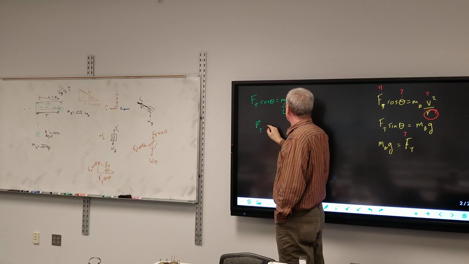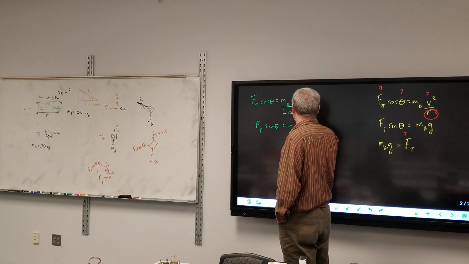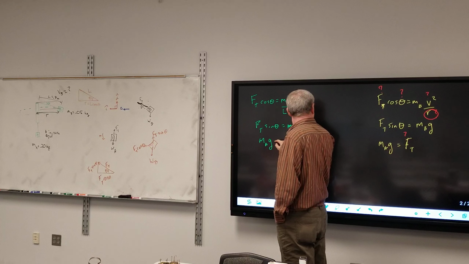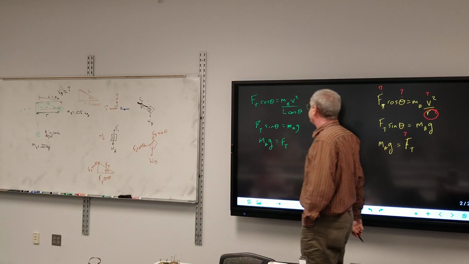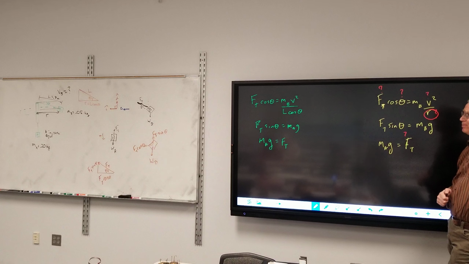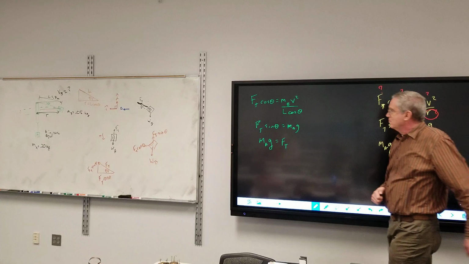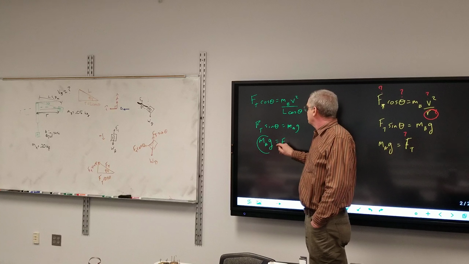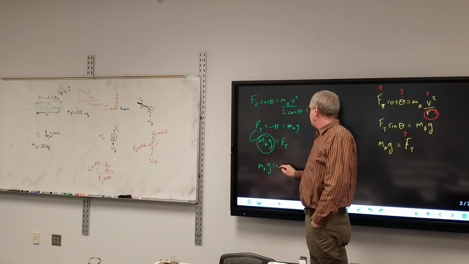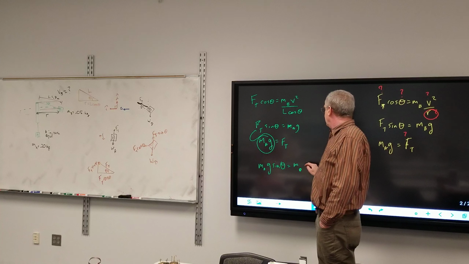I have tension times the sine of theta is mbg, and mag is equal to the tension. All right, now I'm down to three equations, three unknowns. So we can put mag into the second equation. So I got mag sine theta equals mbg.